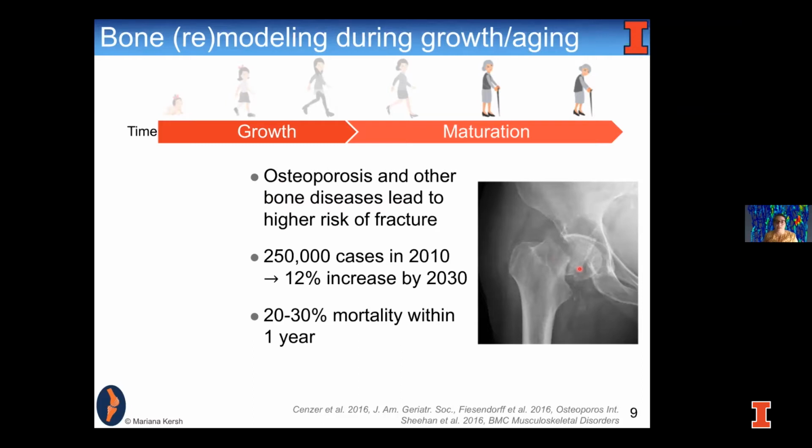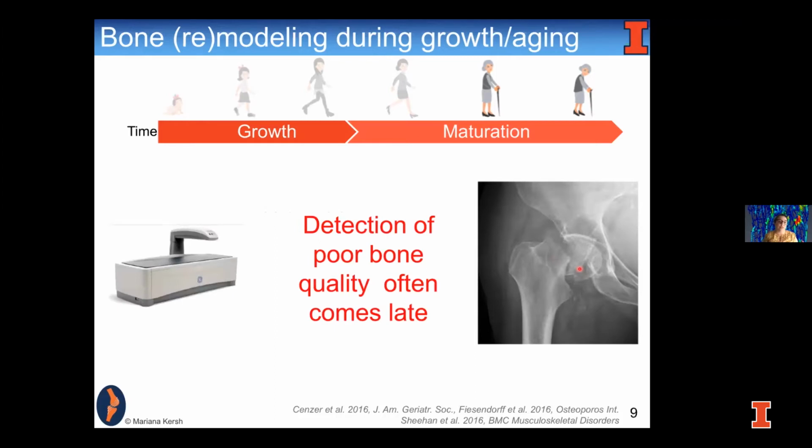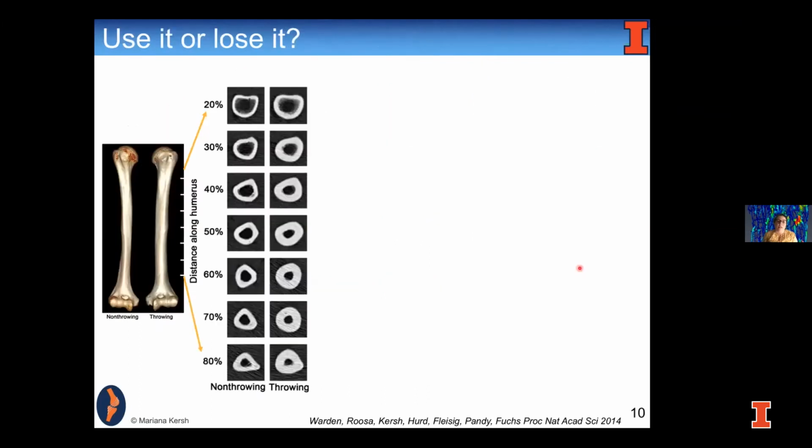One of the reasons we think this is because we know that the detection of poor bone quality, so if it's mechanically compromised, often comes late in life. But we know that bone is responsive to loading. And some of the strongest evidence that we have for this is some of our work in baseball pitchers. If we look at an active baseball pitcher, we can look, for example, at the difference between their throwing and their non-throwing arm.